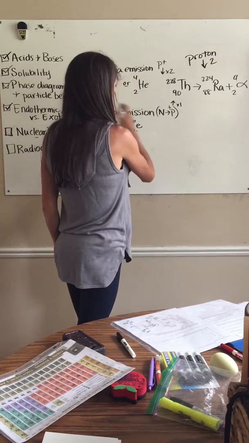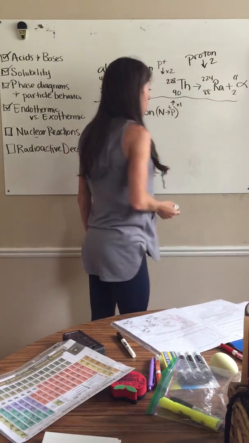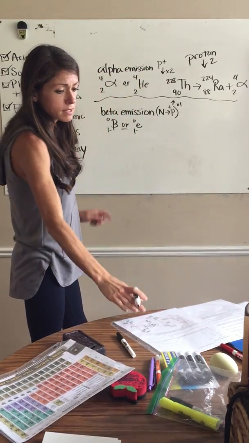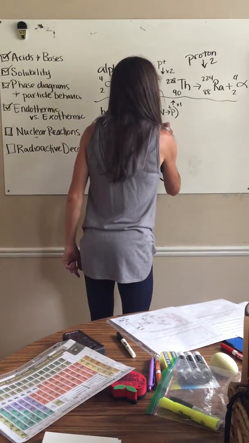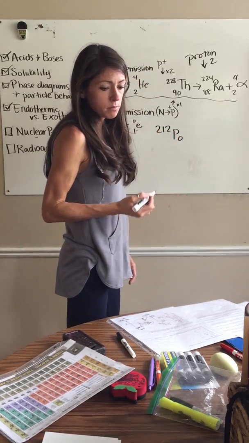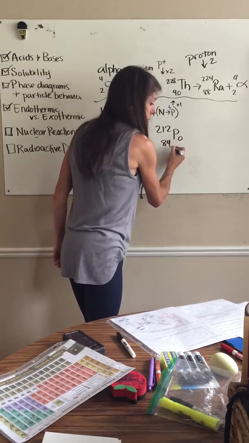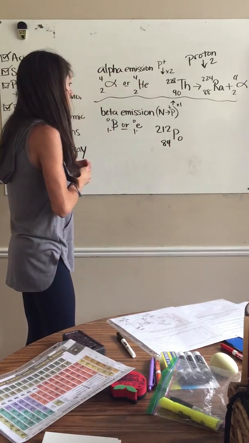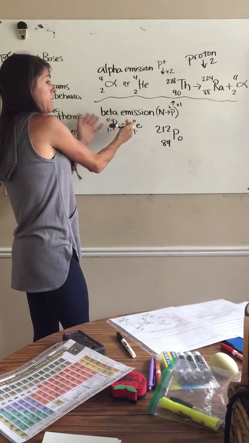Over here, we're actually going to see the proton count increase. So this is going to be an example of this. Let's say that you've got polonium, number 84 on the periodic table, and polonium goes through beta decay or beta emission.